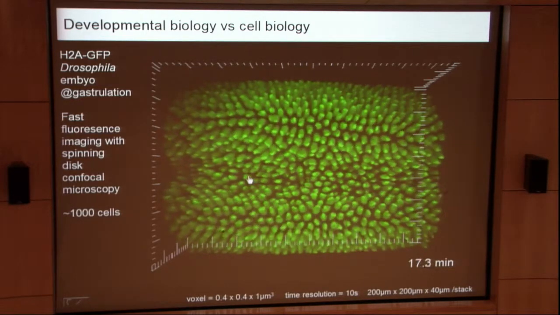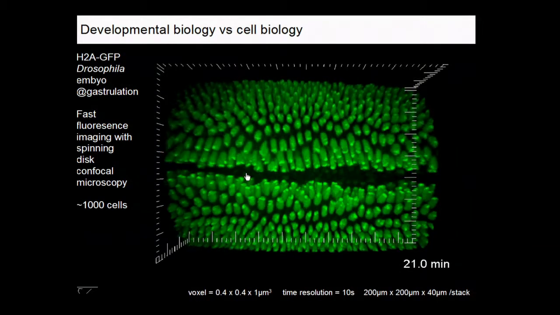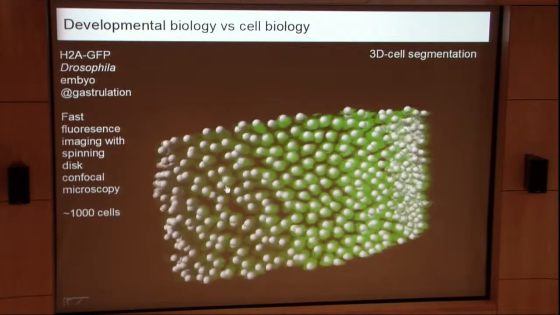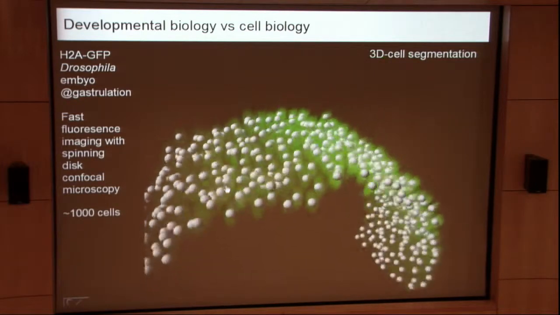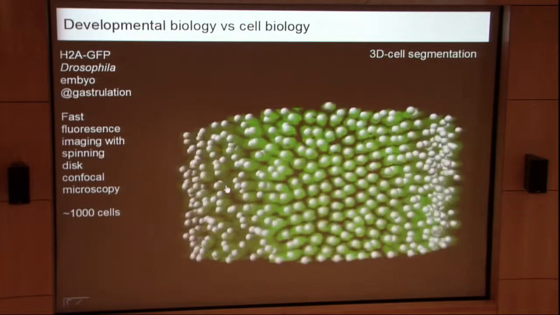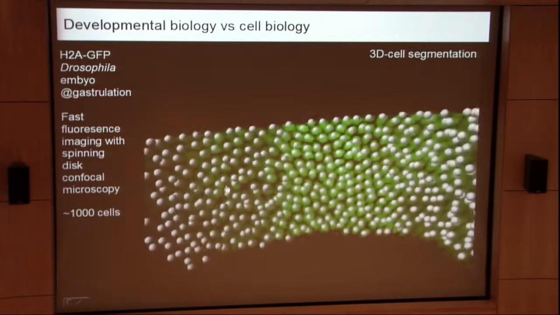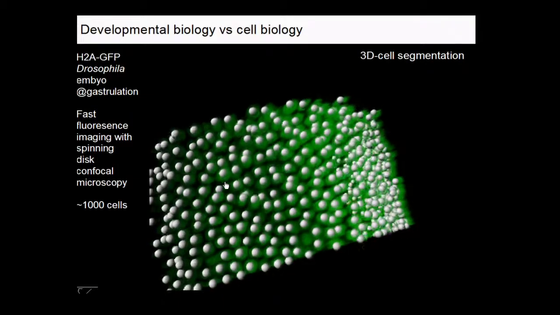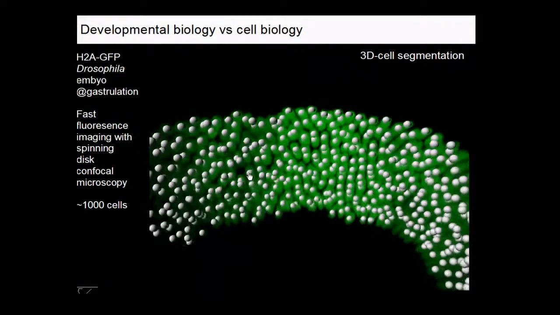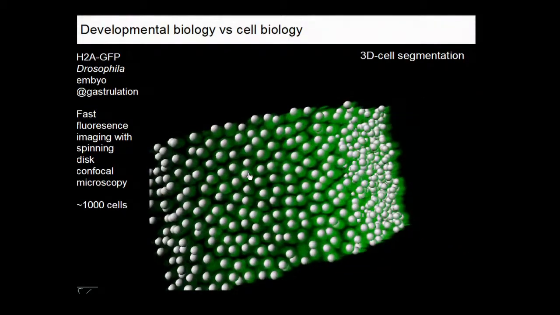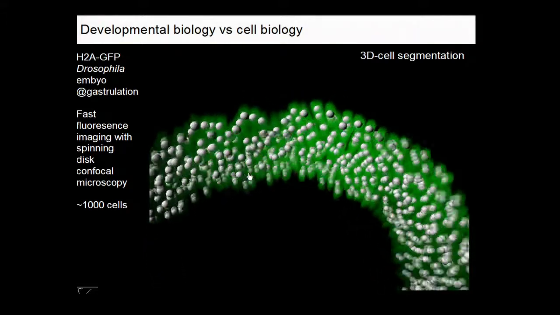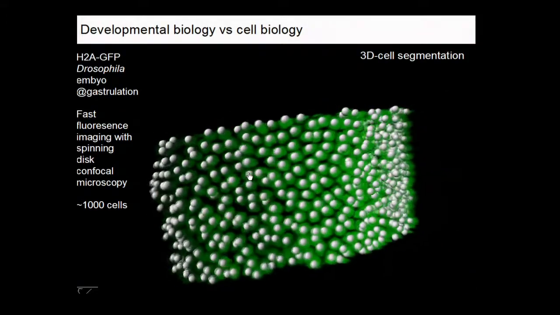When we talk about visualization of biological data, the data we are using are images. From this, we can extract things like the position of the cells using 3D segmentation, such as in cell biology. The difference is that in our case, most of the data are three-dimensional, or even more dimensions if you include time, so four-dimensional. From this segmentation of the nuclei, you can follow the cell movements and track the cells.